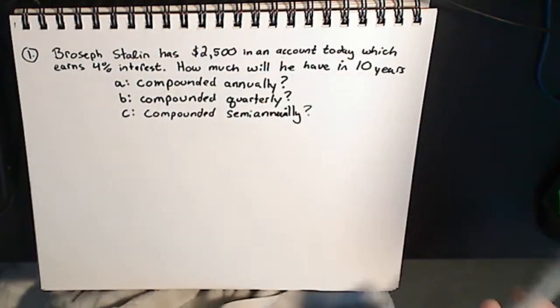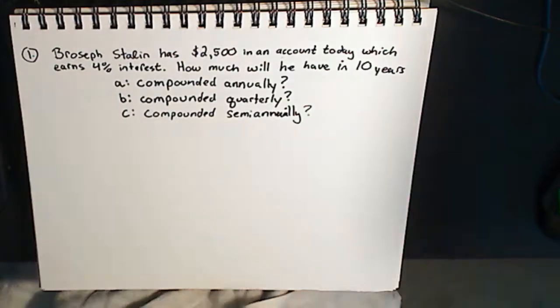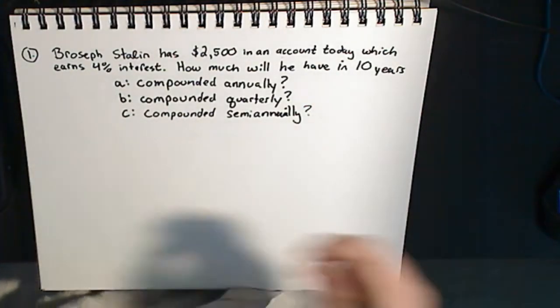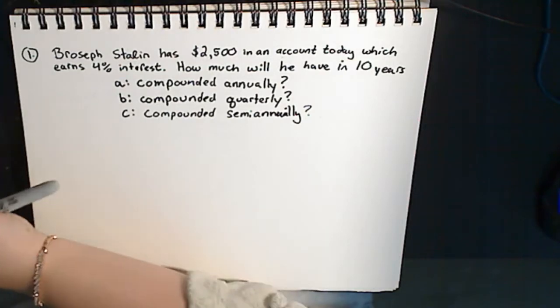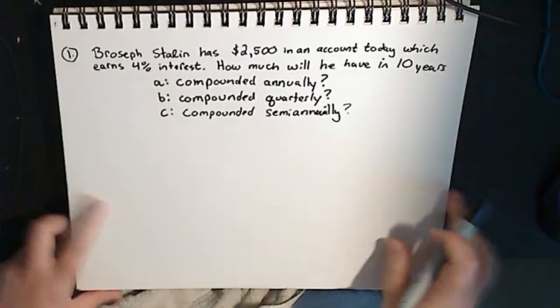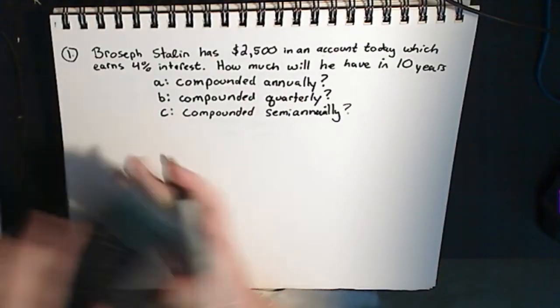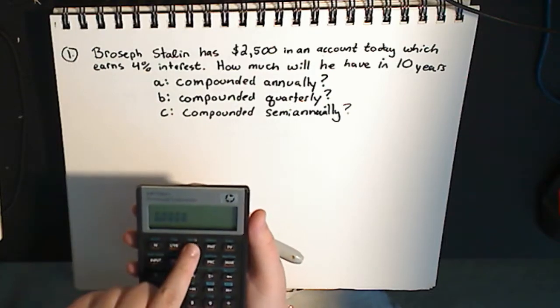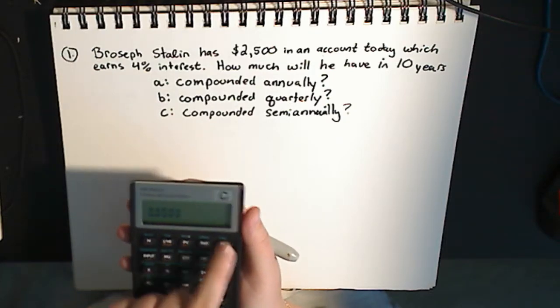Your first step, before you start punching anything into the calculator, is to get your thoughts in order. So I like to make a little chart. You've got your 5 buttons up on top: N, I, PV, PMT, and FV.